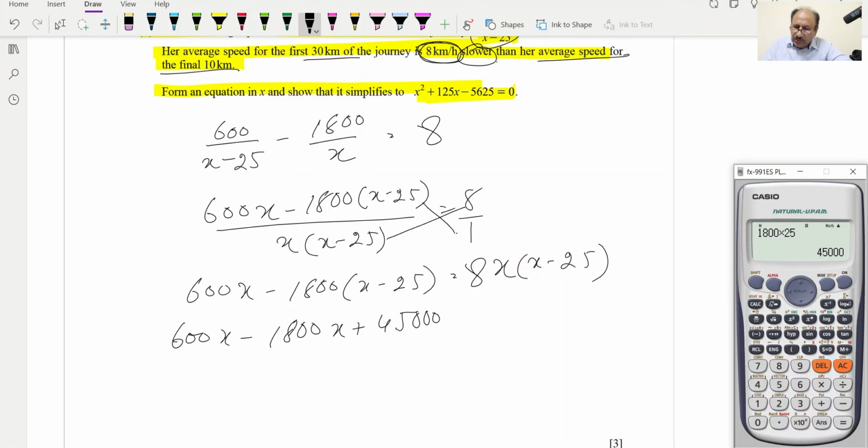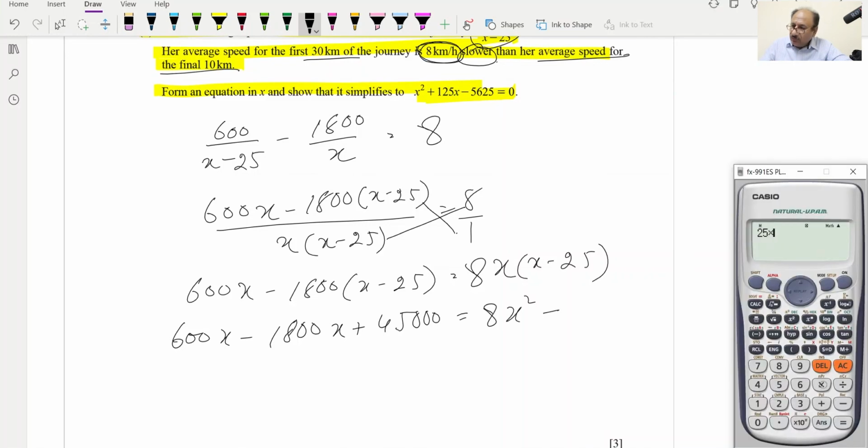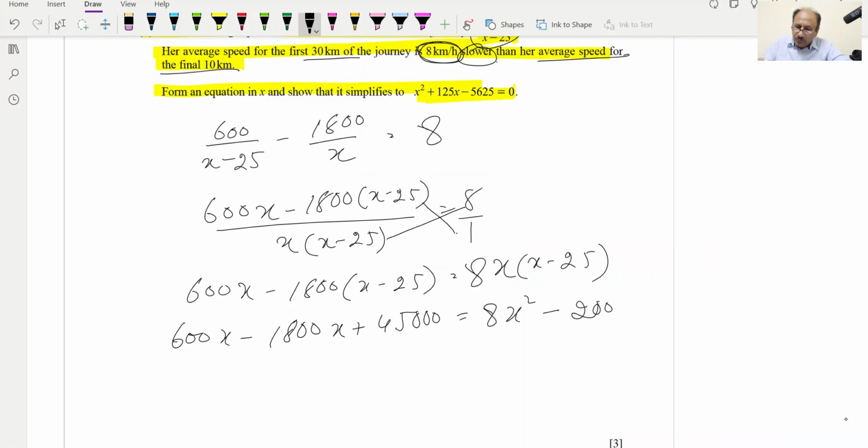45000 is equal to 8x squared minus 25 into 8, which will be 200. Now we have 8x squared on this side, so we will shift everything to the other side, resulting in 8x squared, and these two will simplify to plus 1200x, and then minus 47.